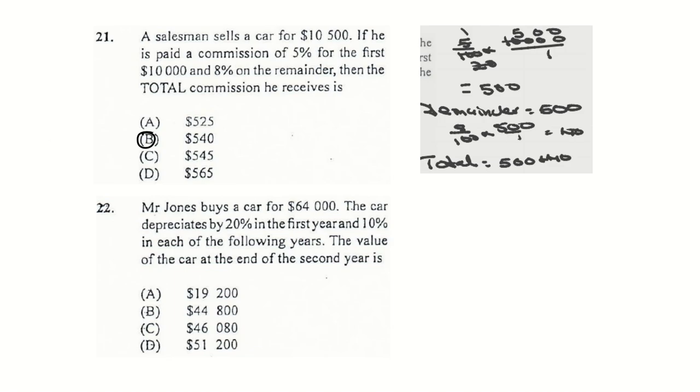We just now did this question. We said that Mrs. Jones buys a car for 64,000. The car depreciates at 20% in the first year and 10% in each of the following years. We said 20% of 64,000 was 12,800. So the value of the car would have been 51,200, and we found 10% of that, which is 5,120.